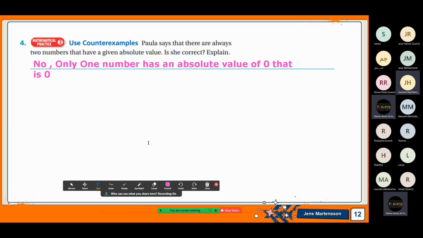Teacher, I wrote no because only 0 has one number, its absolute value is 0. The only one that has one number, not 2.